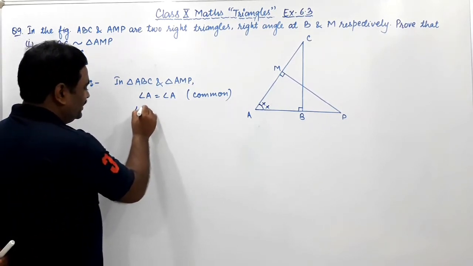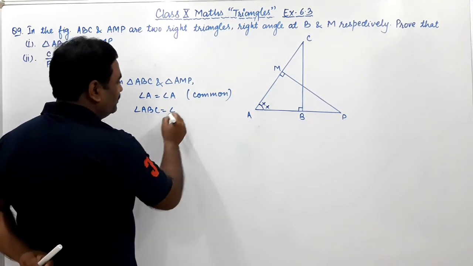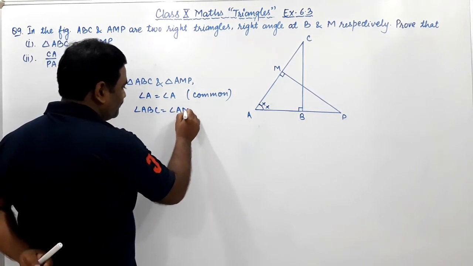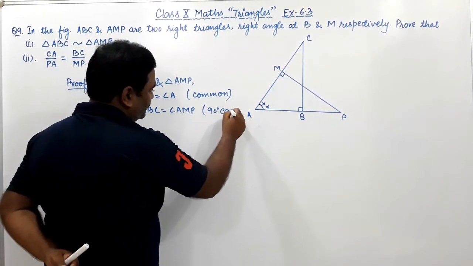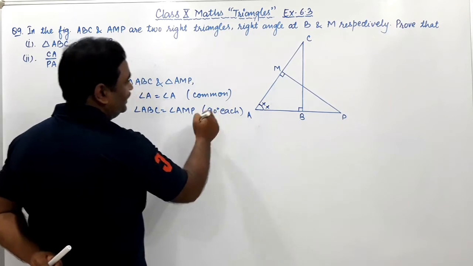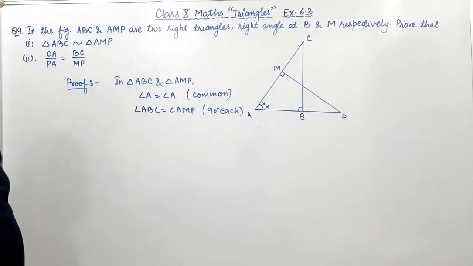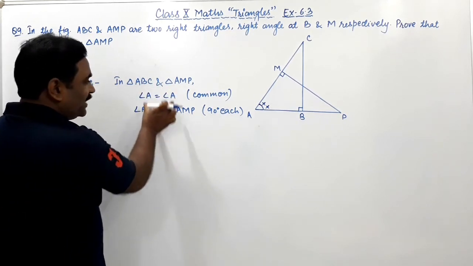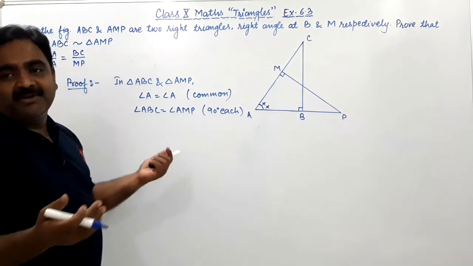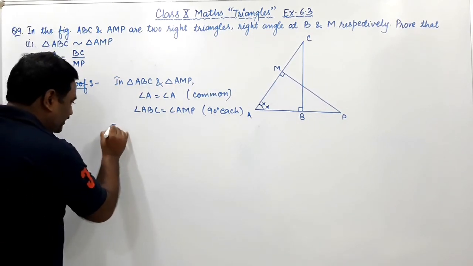Angle B in triangle ABC is equal to angle AMP, 90 degrees each. They both are 90 degrees as it is given in the question. Okay, so of these two triangles, two angles are equal. So they are similar by angle similarity.